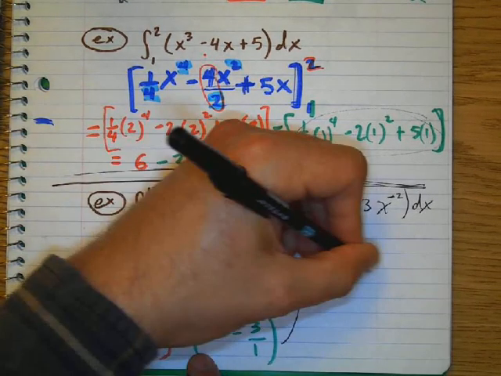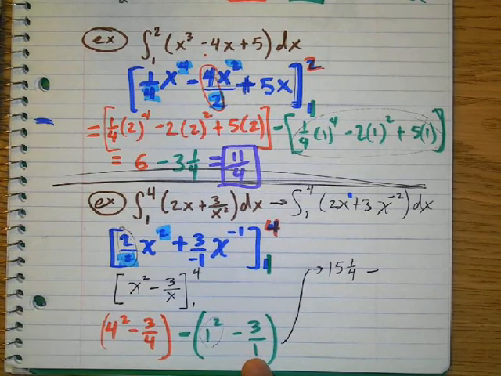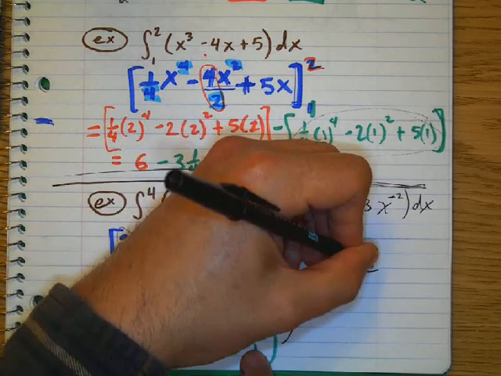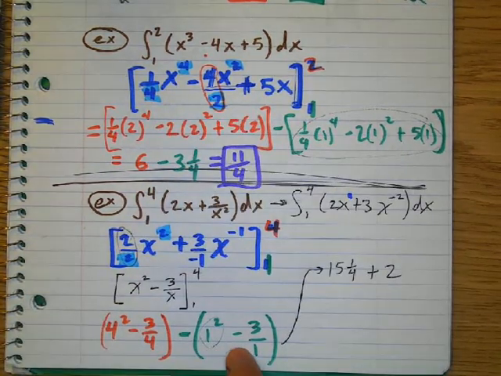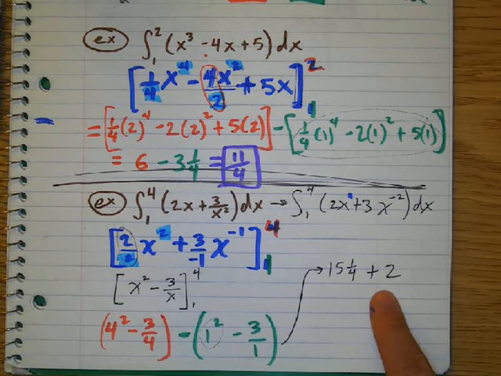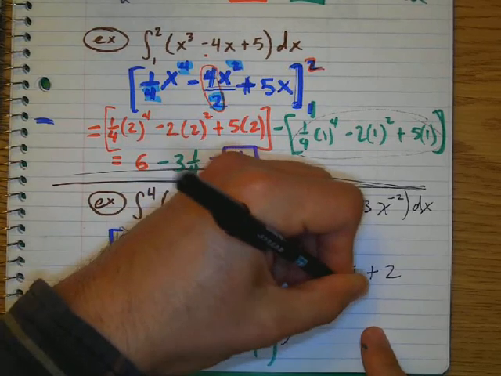And minus, okay, so this is 1 minus 3, which is negative 2, and minus negative 2 is going to give me plus 2. And if I add 2 to 15 and a quarter, that's going to give me 17 and a quarter.